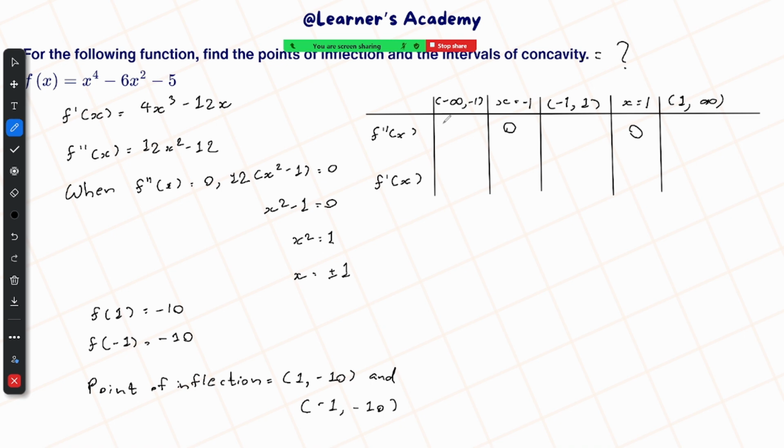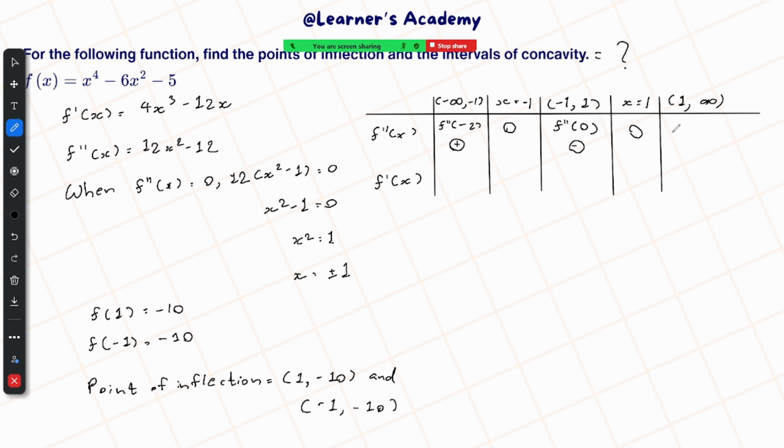Afterwards we find f double prime of a value less than -1, say -2, and if we include -2 into it, we get 36, which is a positive number. Then we put in f double prime of 0, and we get a negative number, -12, because 12 times 0 becomes 0, so we're left with -12.